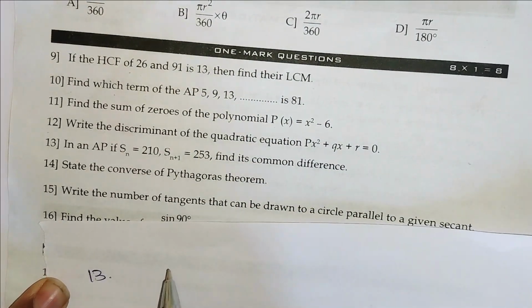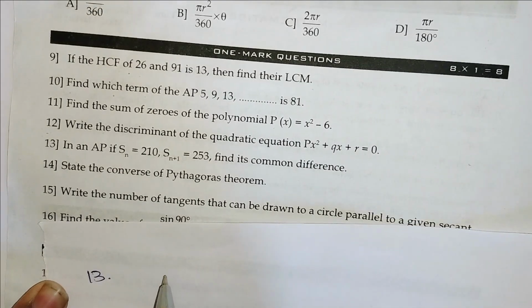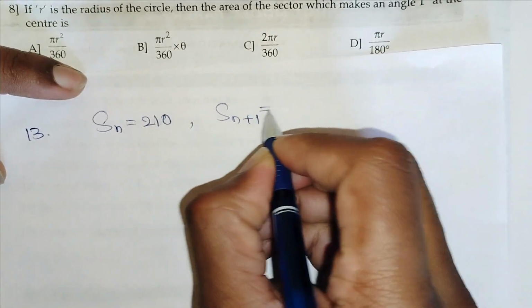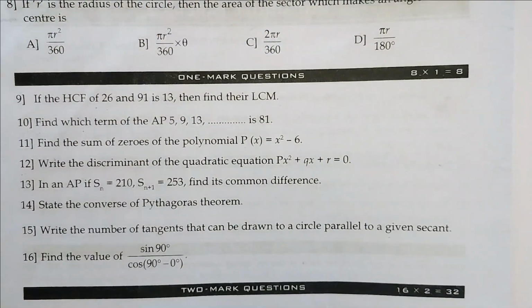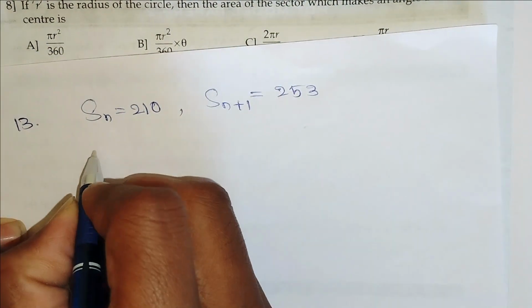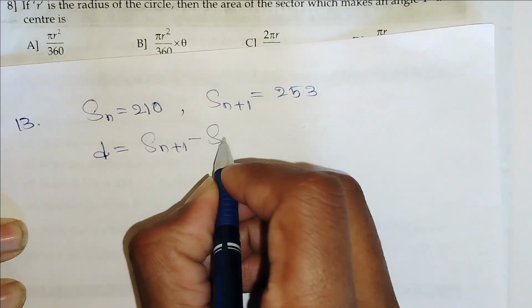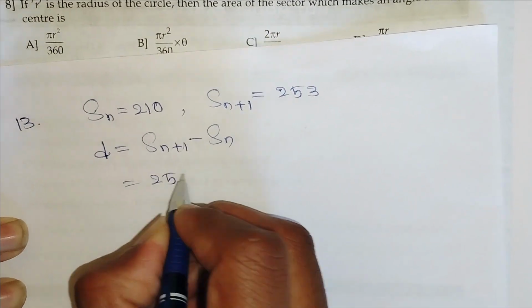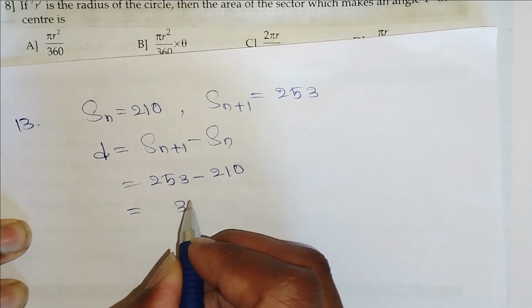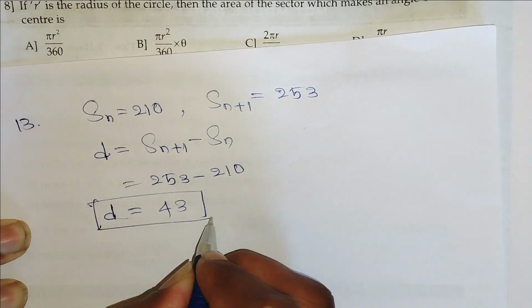So we can find the difference easily as Sn plus 1 minus Sn, that is 253 minus 210 equals 43. Okay, the answer is 43.